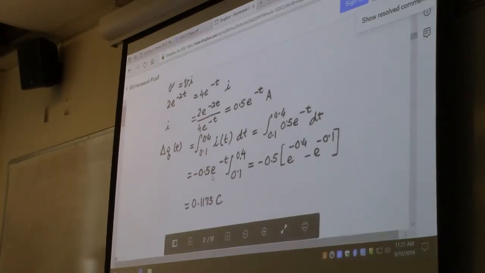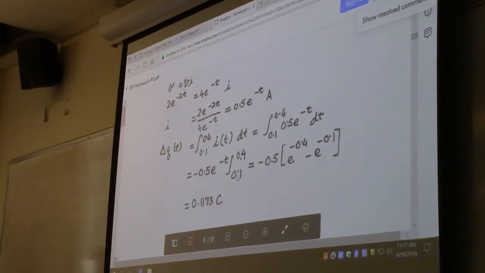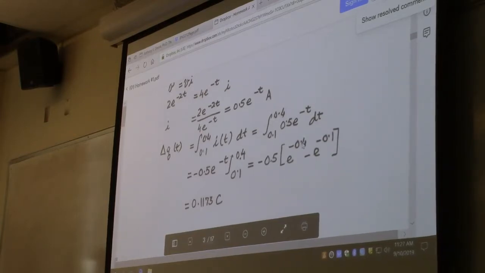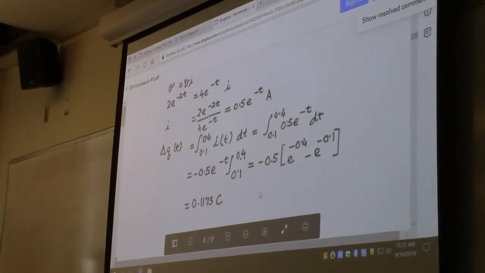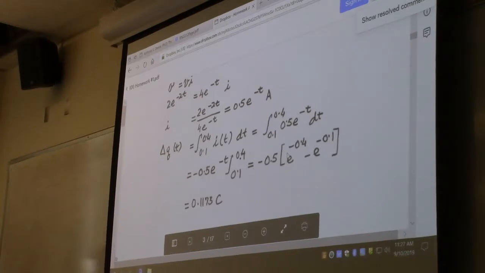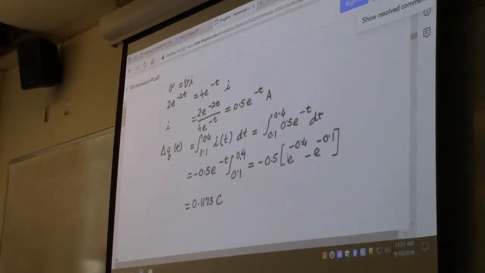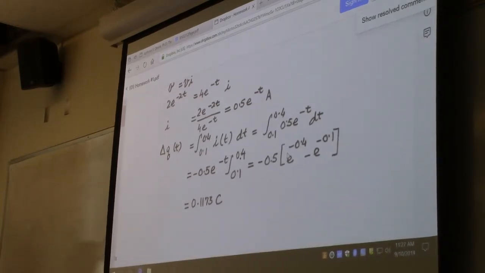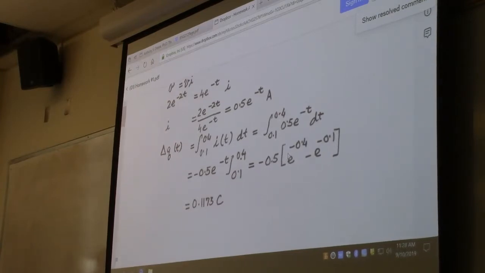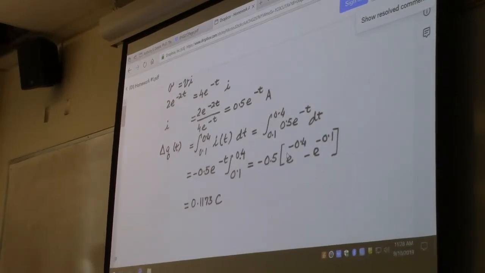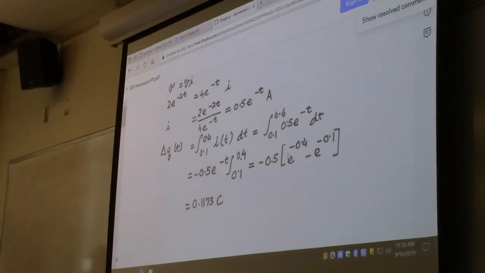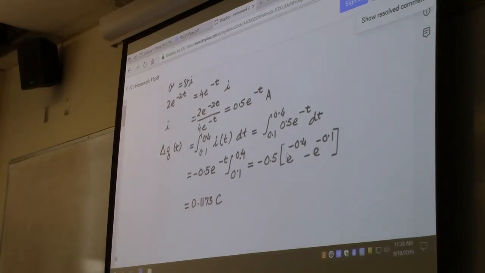So what we end up with is negative 0.5 e to the negative t over the interval of 0.1 to 0.4. So we plug in the values of 0.4 and 0.1. And once you solve all that, you end up with 0.1173 coulombs.